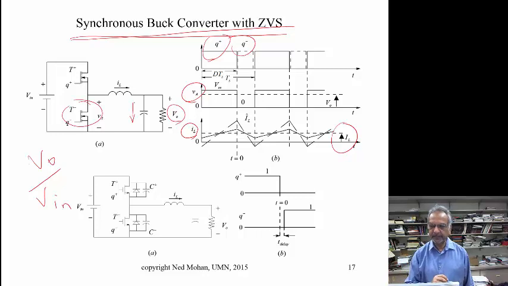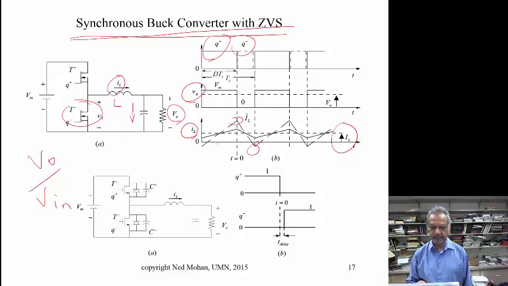So now if we want to achieve zero voltage switching, what we have to do is to make this inductance value small enough that the current that flows through it is both positive and also negative at the transition instant over here.